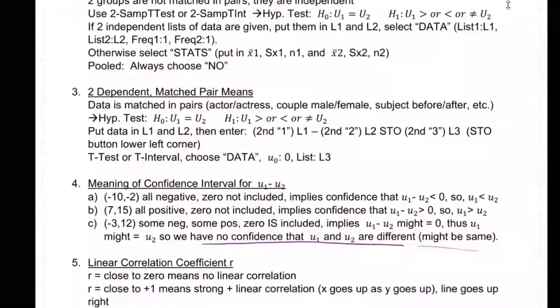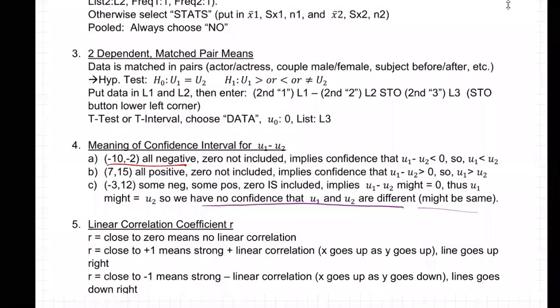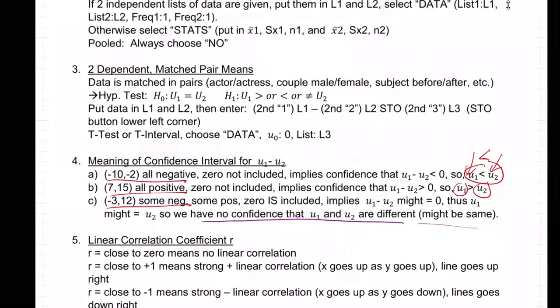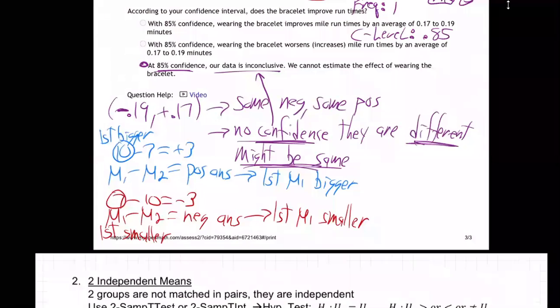So that's why it says these things. All negative means the first is smaller than the second. Whereas if you get all positive, the first is bigger than the second. But if you get a mix, it could go either way. We got a mix here. We're saying our answer is somewhere between negative and positive.